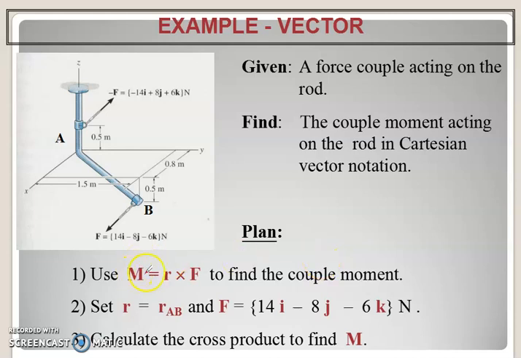So use M equal to R cross F, and then set R equal to RAB.